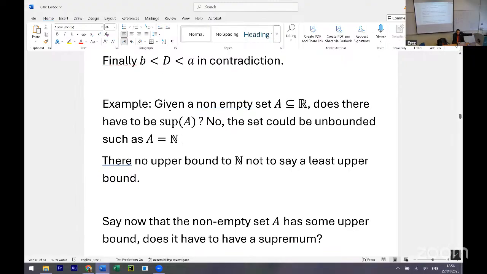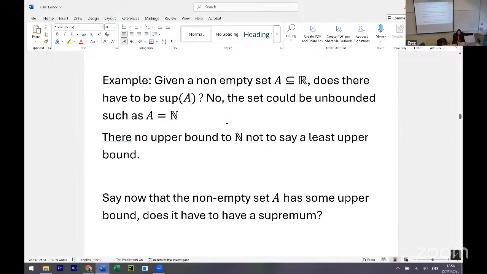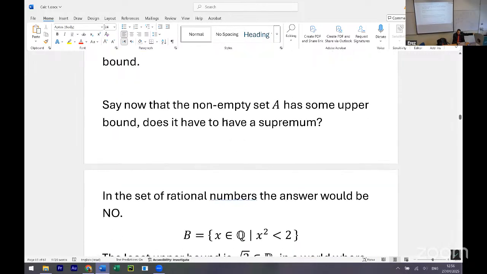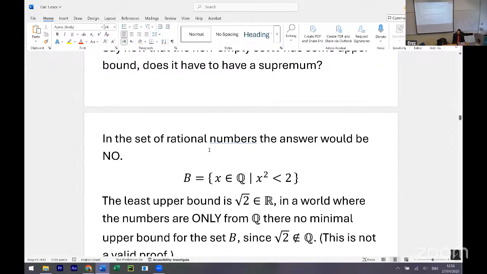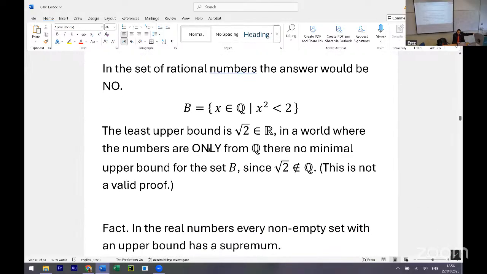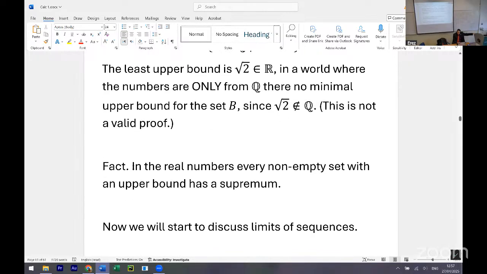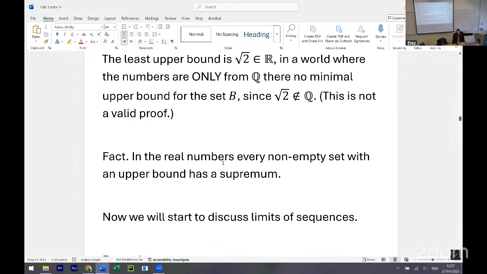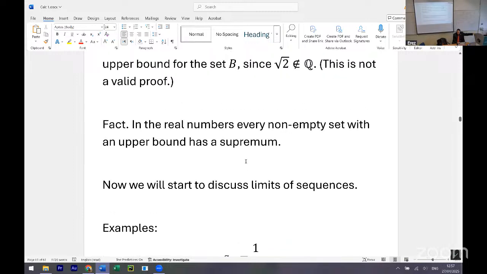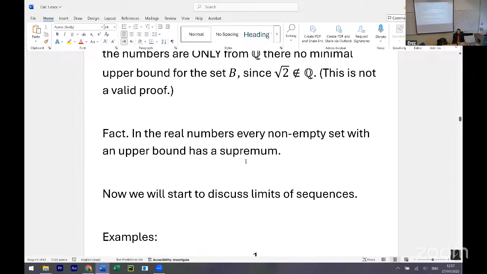Here: given a non-empty set, does it have to have a supremum? No. And in the rational numbers, the answer is no. But in the real numbers, oh, I didn't say what this property is called. That's the way I avoided it. In Hebrew, it says the field is "shalem".